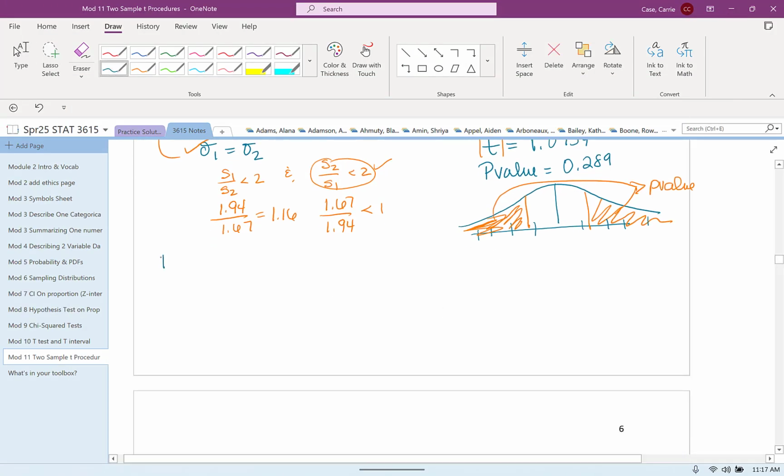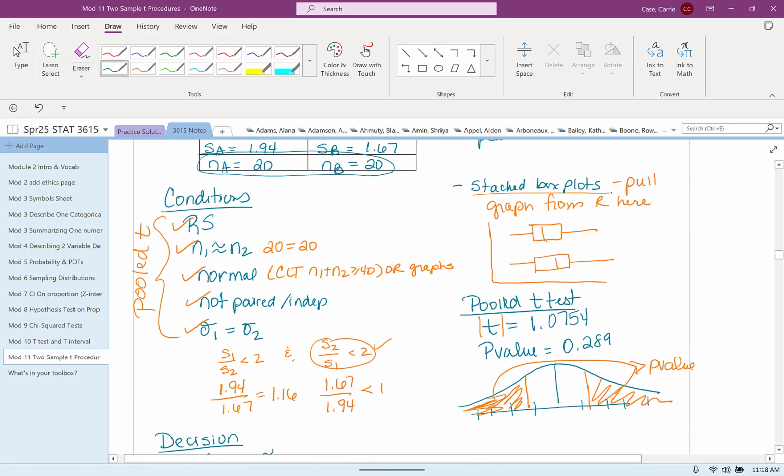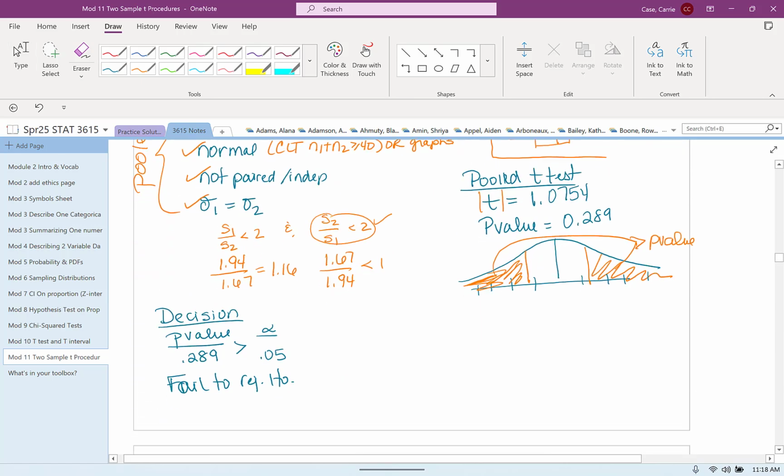So now I'm going to make my decision, and this is just the same rules we've had before. We compare our p-value to alpha, and we're going to use alpha of 0.05, but it doesn't matter. We could use 0.10 or 0.01, and we'd have the same rules. P-value of 0.289 is a big p-value, so we fail to reject H0. That's no surprise because remember the medians and the distributions pretty much overlapped each other all the way through the graph.